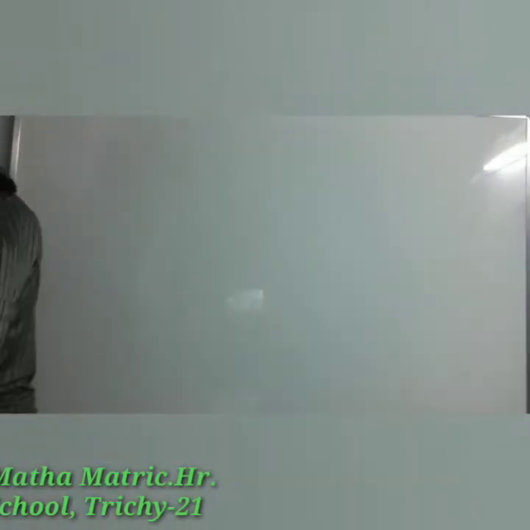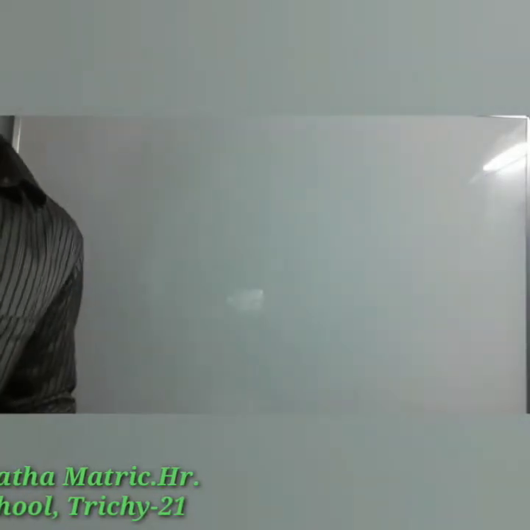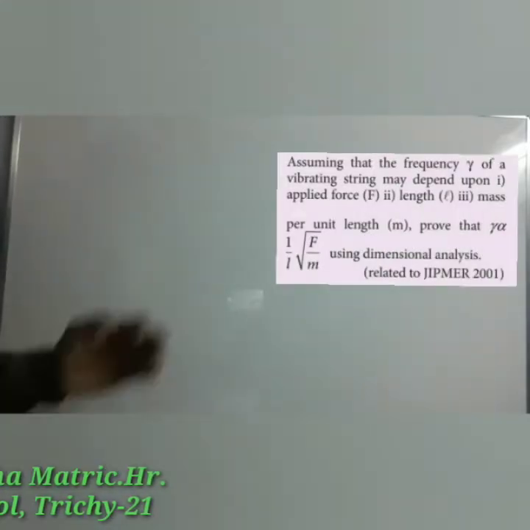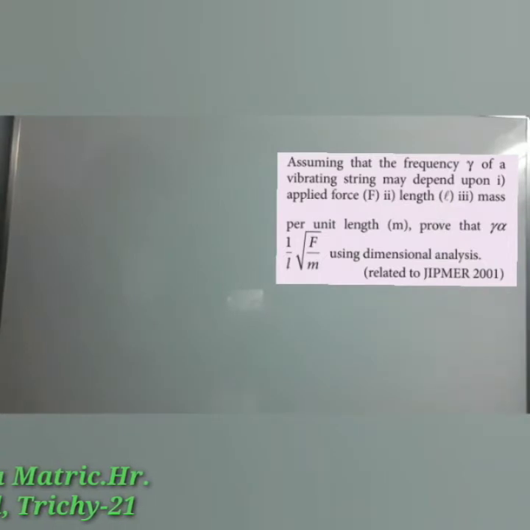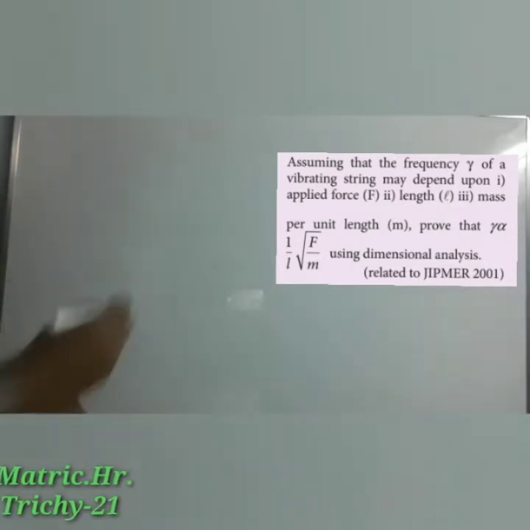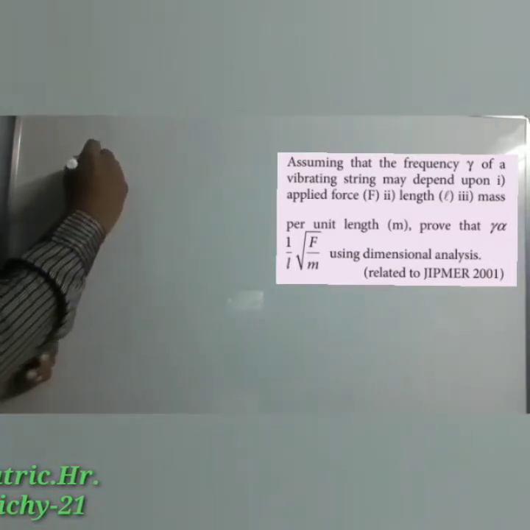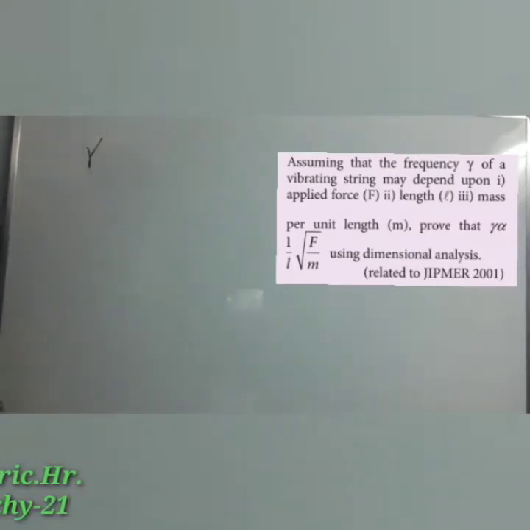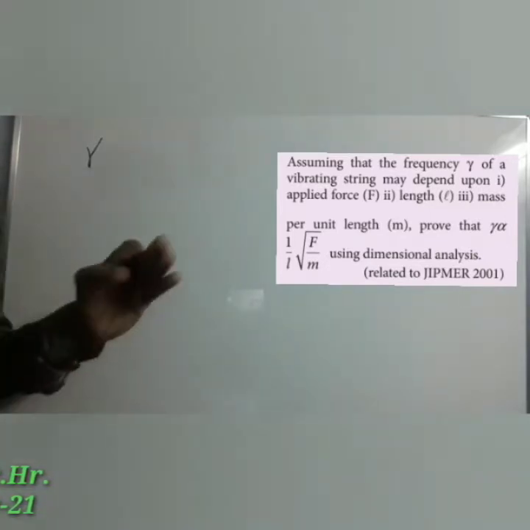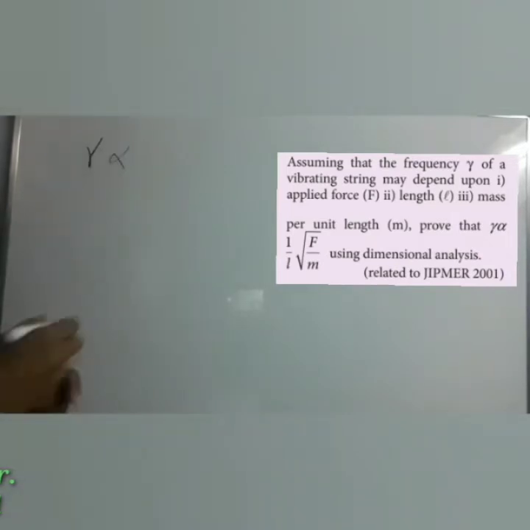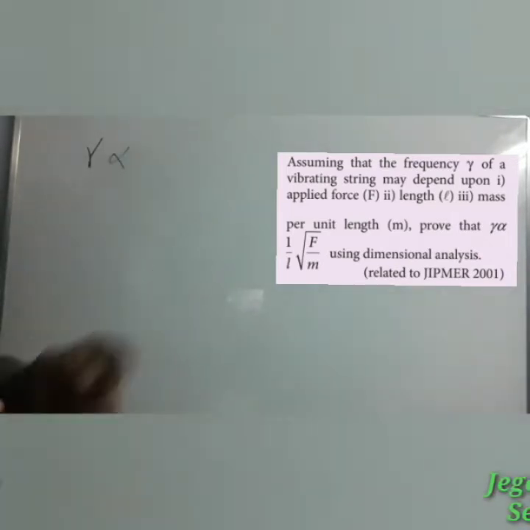We are going to solve the book back numerical problem. What are the physical quantities they have given? The frequency nu of the vibrating string may depend upon 3 quantities. What is the first quantity they have given?